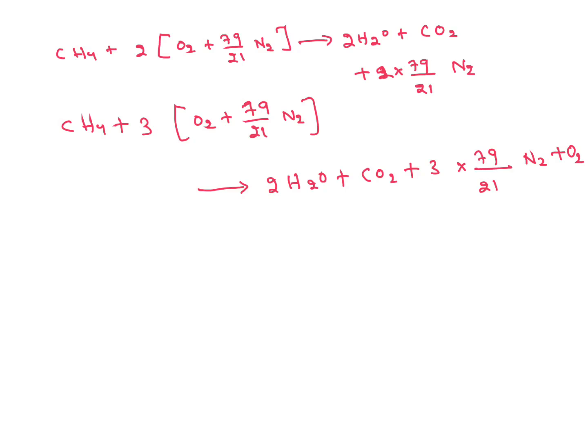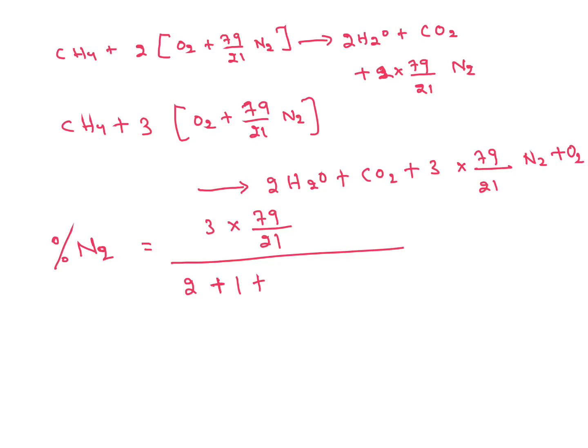Then N2 percentage on a molar basis is equal to 3 into 79 by 21, over the total, which is 2 water, CO2 1, then O2 1, plus 3 into 79 by 21.